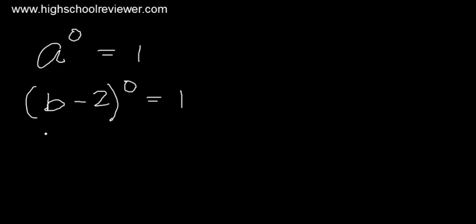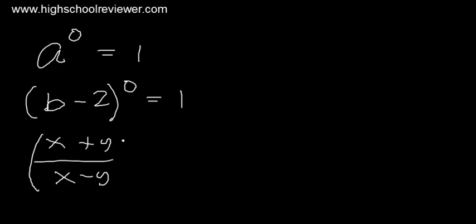But what if we have x plus y all over x minus y, but the whole quantity is raised to 0? Again, this is still equal to 1. So take note, any number, any variable, or any quantity raised to 0, the answer is always 1.